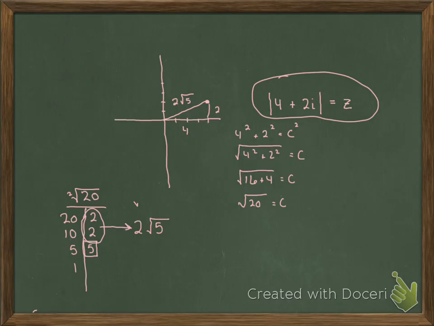And length, which is a distance, will never be negative. Okay, so we may have something that looks like this.